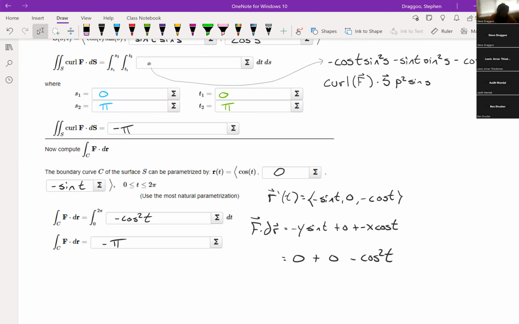So my boundary curve over here, I'm just trying to parameterize the right half of this hemisphere, which means I'm looking at a circle that is in the xz plane, and I'm told I'm going to use cosine theta for x, which makes sense. I'm keeping x around. I'm in the y equals 0 plane, so y is 0. But then the z coordinate ends up needing to be negative sine of t.